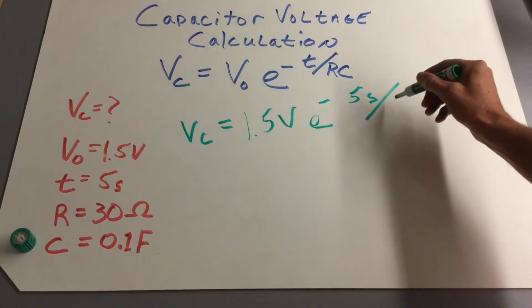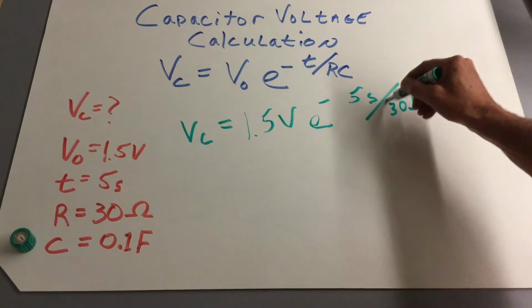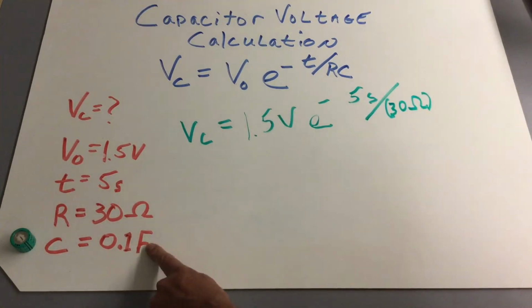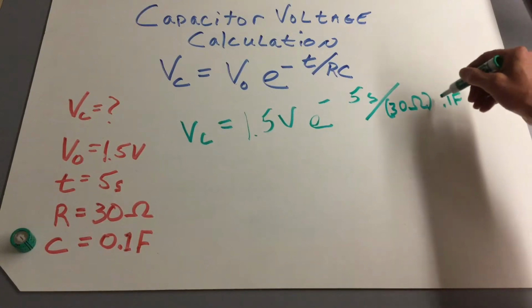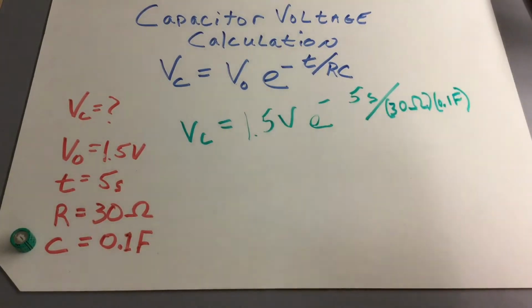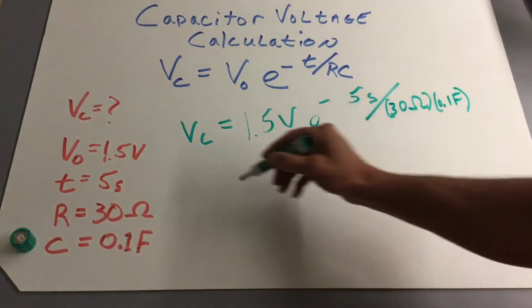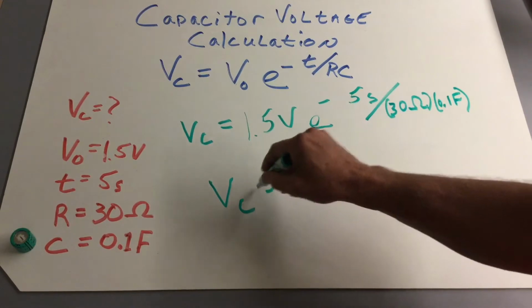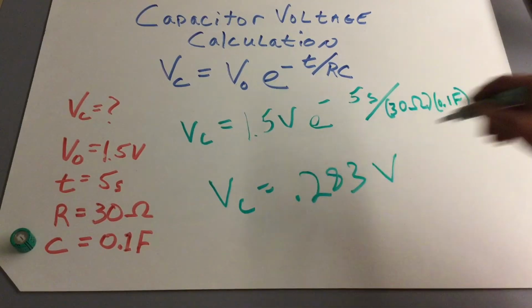The resistance we estimated to be around 30 ohms, and the capacitance of our capacitor was approximately 0.1 farads. Actually doing the math here, it turns out that after 5 seconds, the voltage across the capacitor should be 0.283 volts.